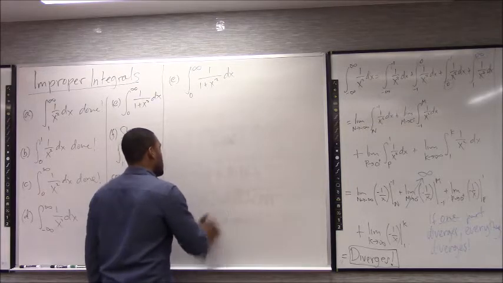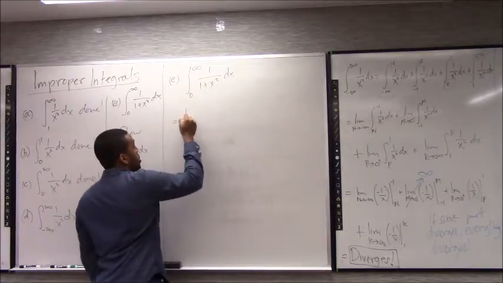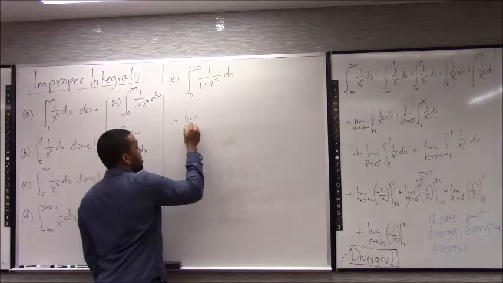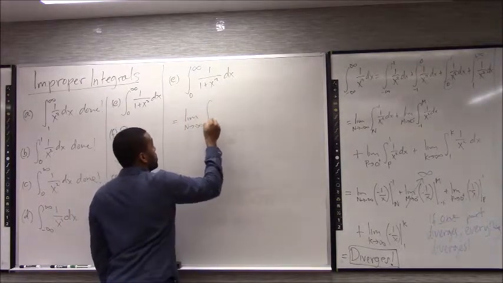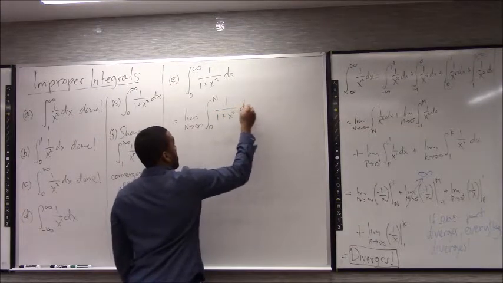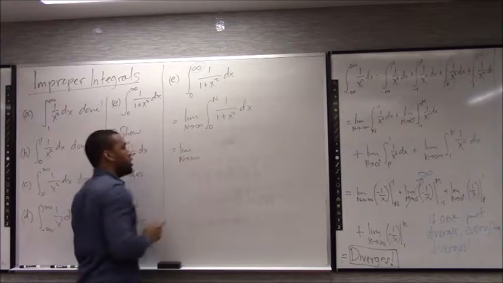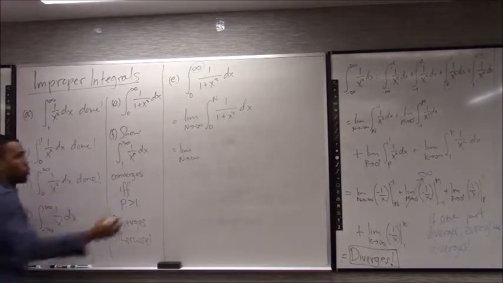So the infinity is the only problem here. So there's really only one point to worry about. So let's say the limit as n approaches infinity of the integral from 0 to n of 1 over 1 plus x squared. And you just keep the limit there while you're working out this integral.